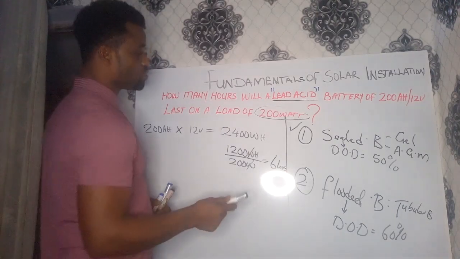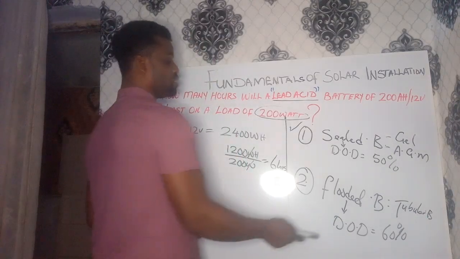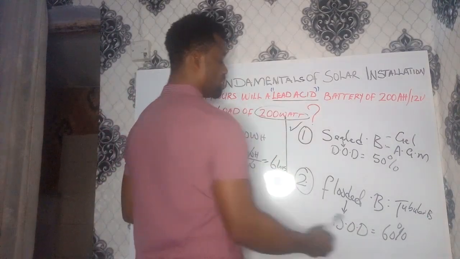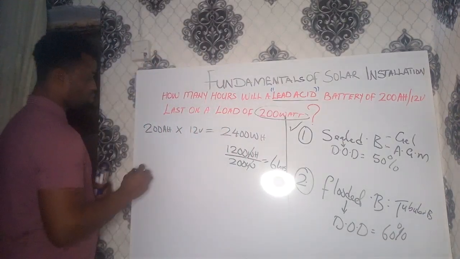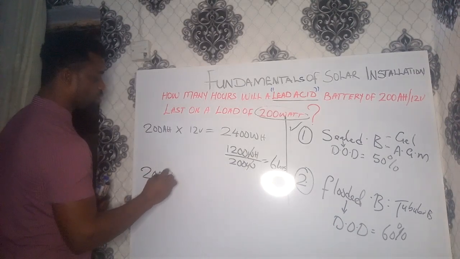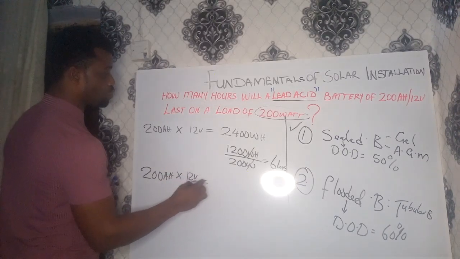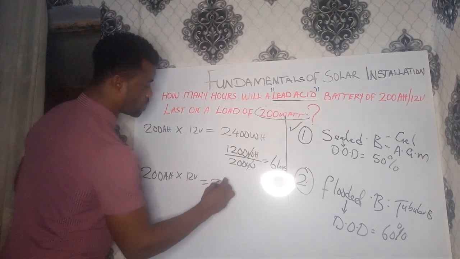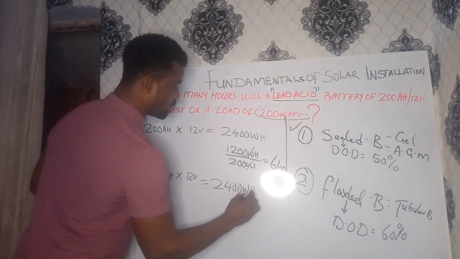So let's look at the flooded battery or tubular battery. I will say their depth of discharge is 60%. So now we'll have the same formula: 200 amps hour multiplied by 12 volts is equal to the same 2400 watts hour.